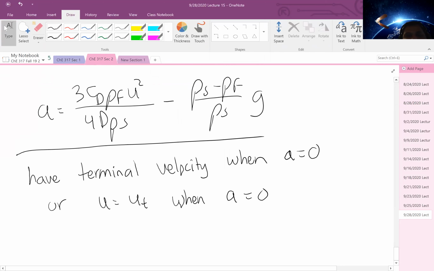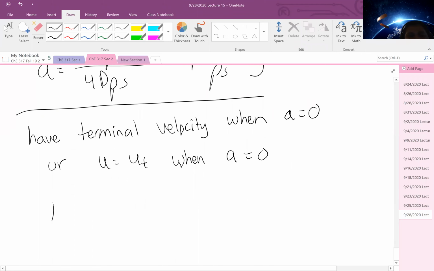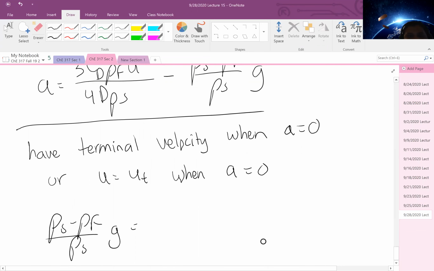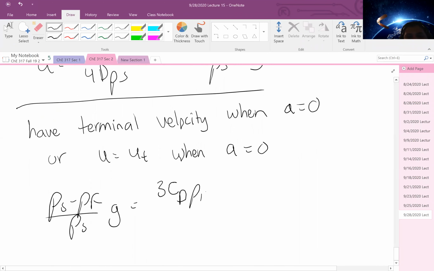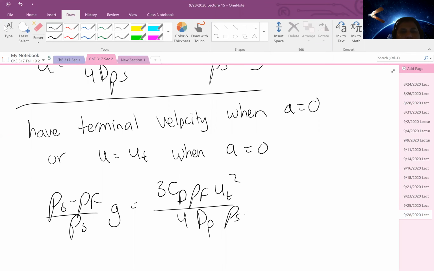So if I set my acceleration to 0, I have (rho_s minus rho_f) over rho_s times gravity equals 3 C_D rho_f U_t squared over 4 times the diameter of the particle times rho_s.